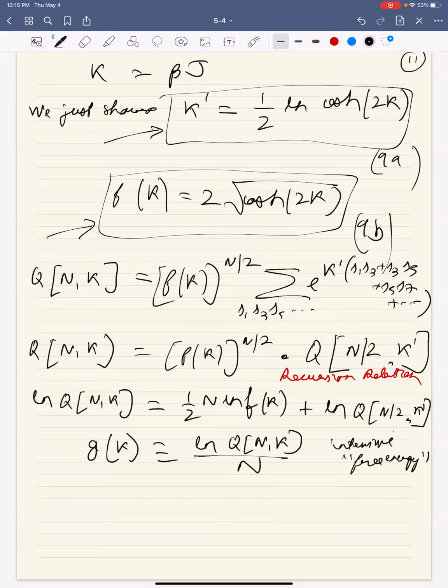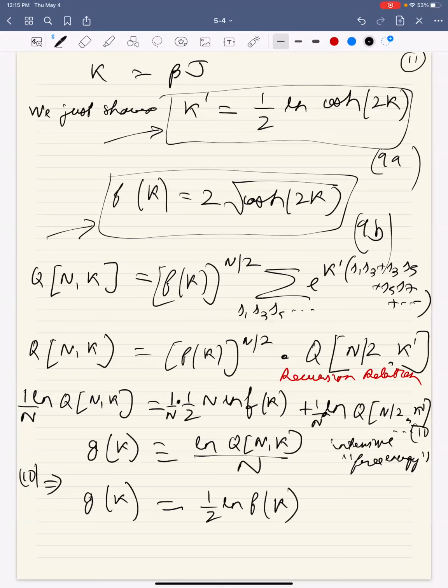So this equation 10 becomes, if you divide by n both sides, g of k is equal to half ln f of k plus half g of k prime, right?